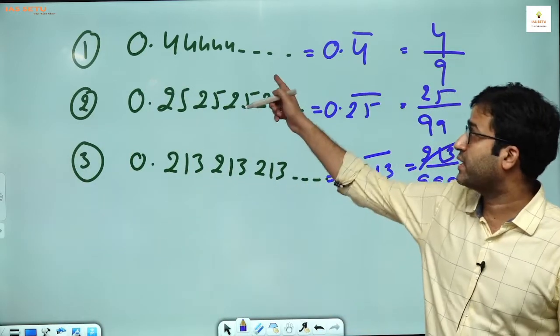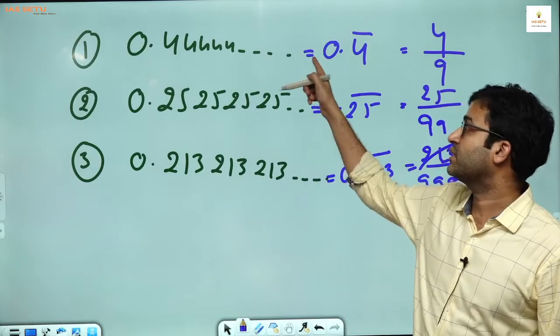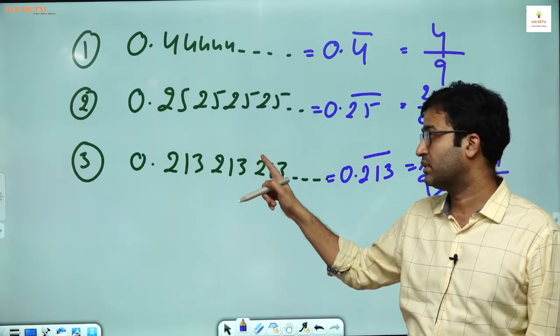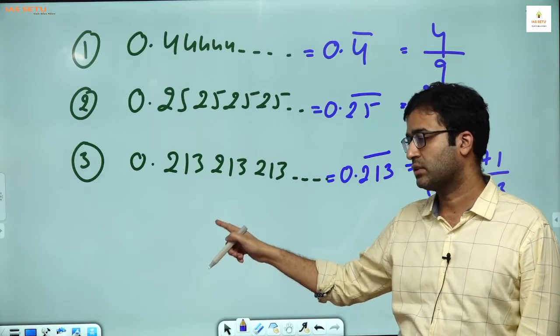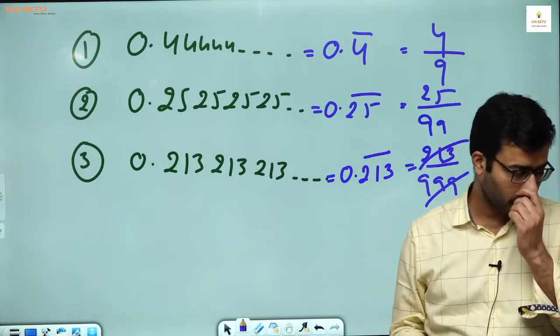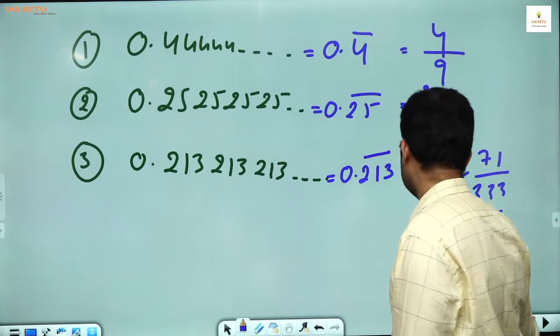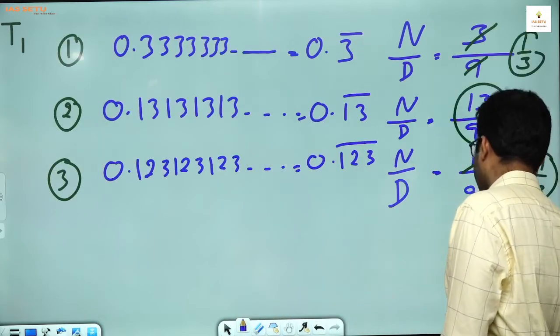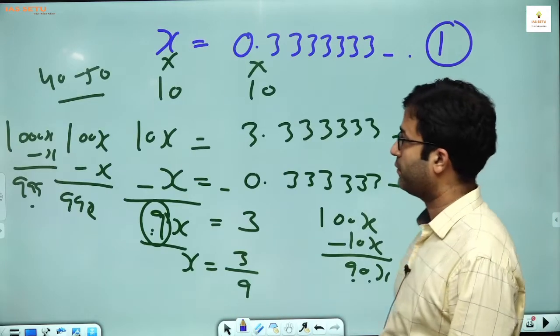Because in this case, if you ask me for the long cut, this is 10x minus x. Here this will be 100x minus x. This will be 1000x minus x. So that 9 comes from the long cut. Let me tell you, otherwise you won't be satisfied.